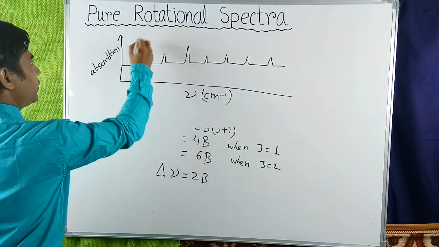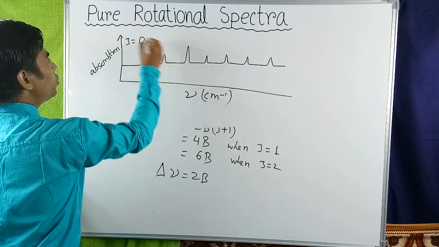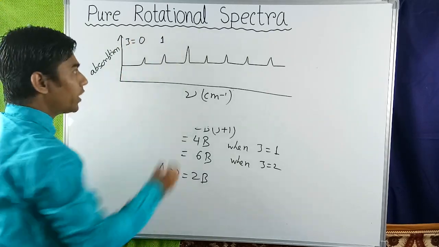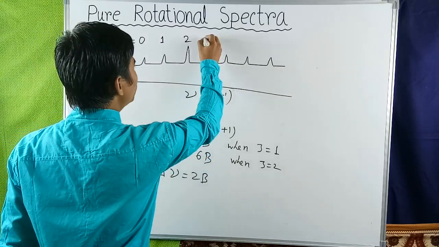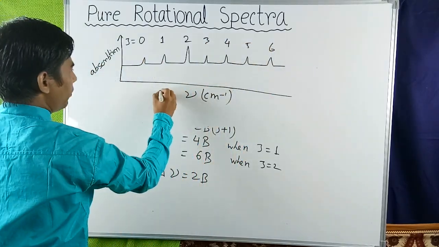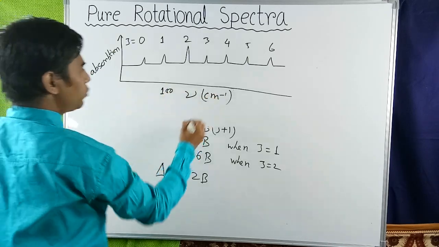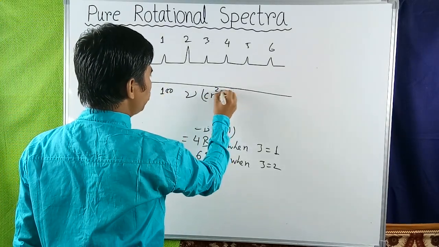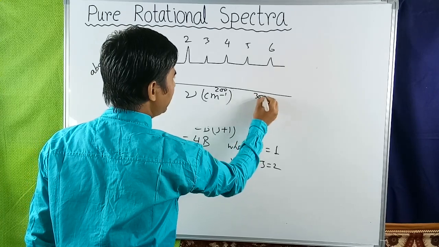This is for J equals 0, this is for J equals 1, this is for J equals 2, 3, 4, 5, 6, and this is about 100 centimeter to the power minus 1, this is about 200, this is about 300 approximately.